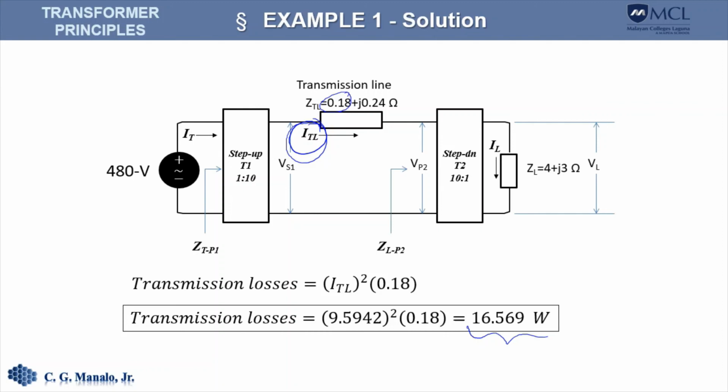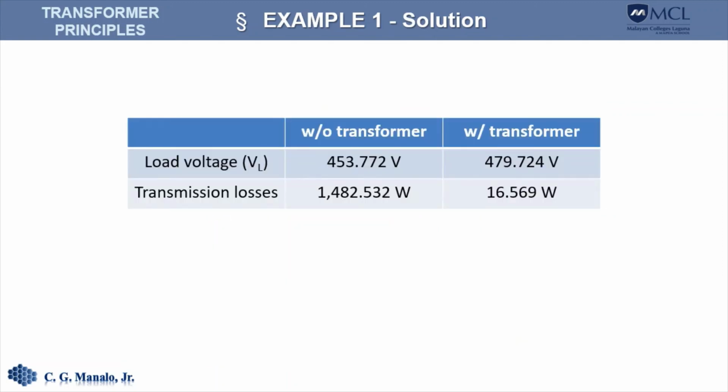Now, in summary, we can compare the results without transformer and using a transformer. For the load voltage, using a transformer, the voltage is almost the same as the source voltage. So the voltage drop is very minimal.